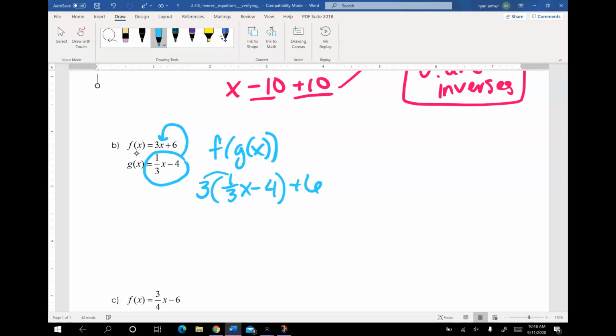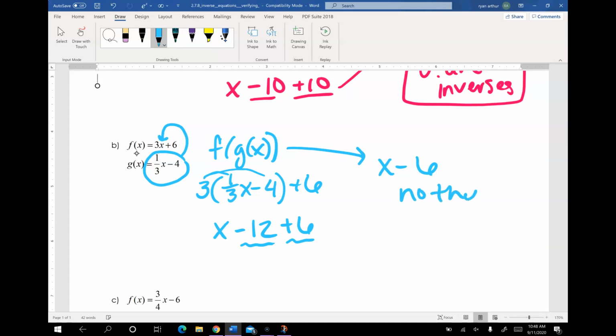Distribute that 3. Well, 3 times 1/3, that's just x. 3 times negative 4 is going to be negative 12. Drop down the plus 6. Combine these. Negative 12 plus 6 is going to give me x minus 6. So does f of g of x equal x here? No, it equals x minus 6. So are these inverses of each other? No, they are not inverses.